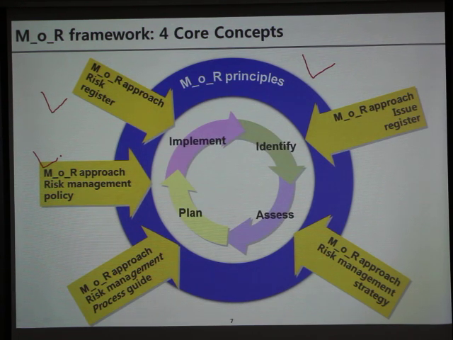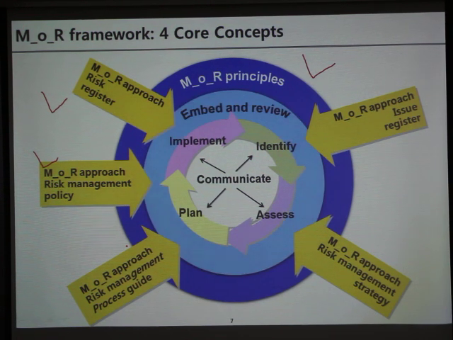The MOR process is 4 primary steps to carry out risk management. It's very important for us to integrate risk management into the culture of the organization using embedding and reviewing methods. This figure shows how the MOR framework works together. Let's take a look at each element of the 4 core concepts one by one.